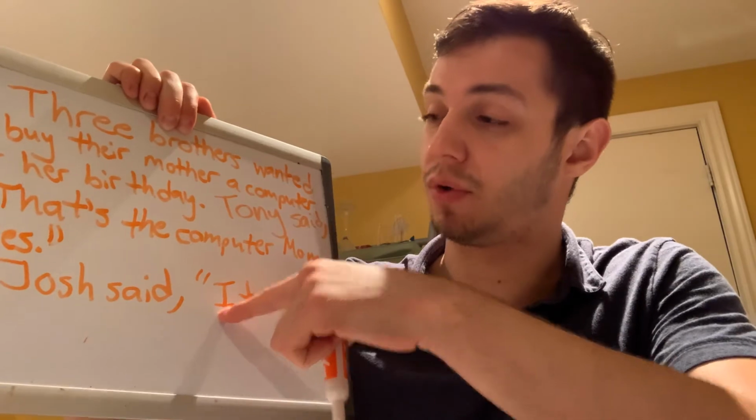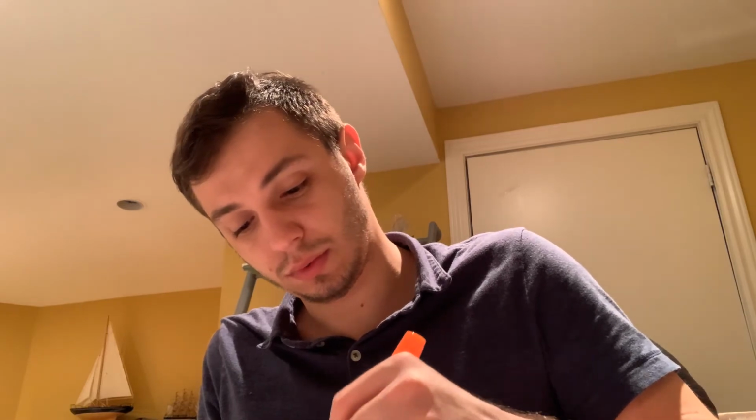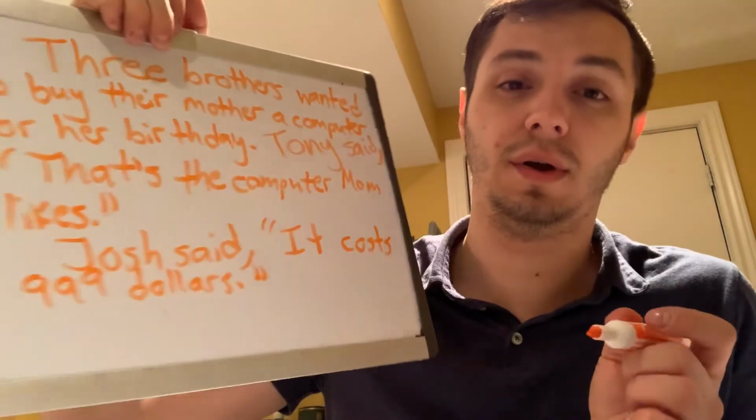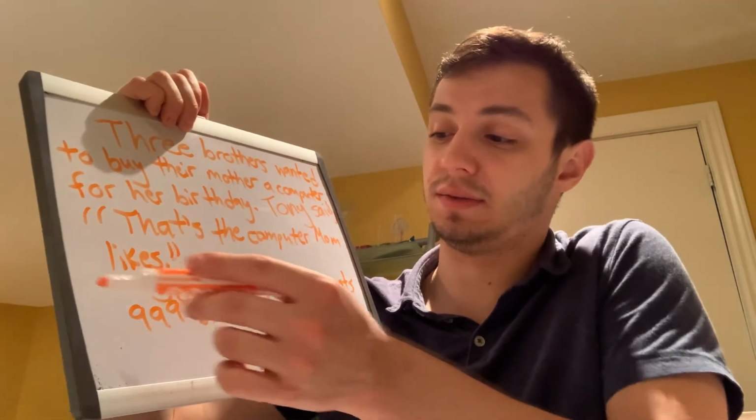I have my capital I, here I have my capital T. So don't forget that. Period, and then my quotation marks. Josh was a new person speaking, so I had to indent and start a new paragraph.